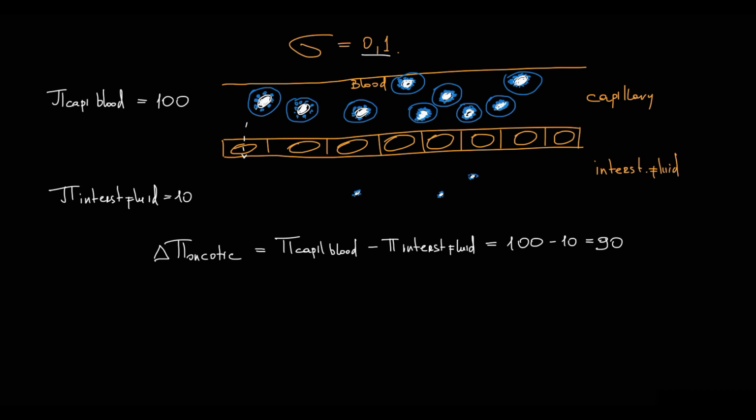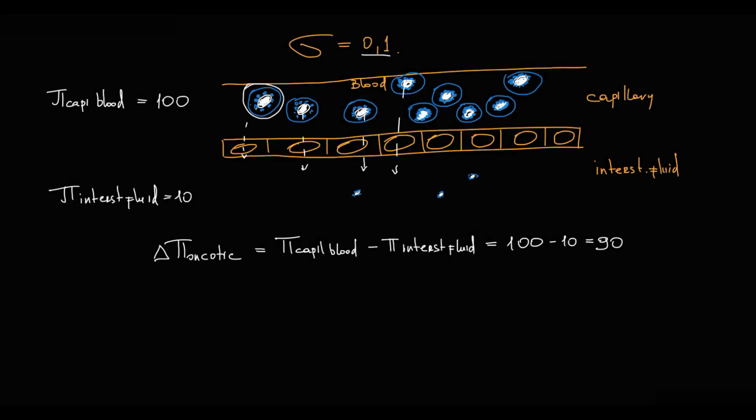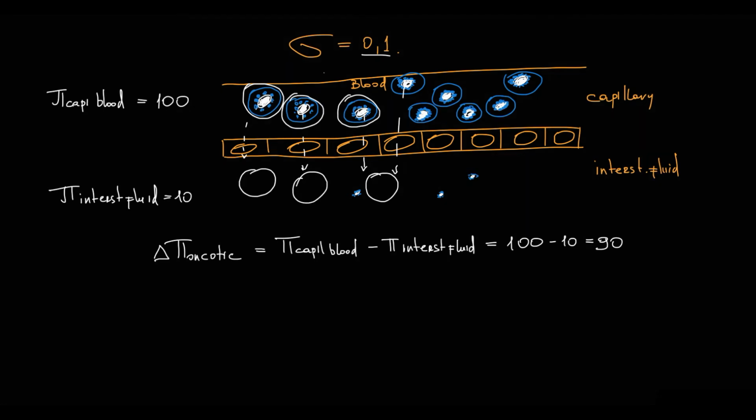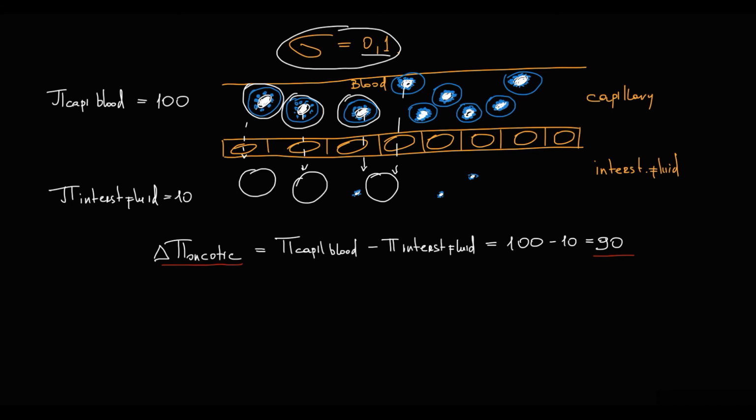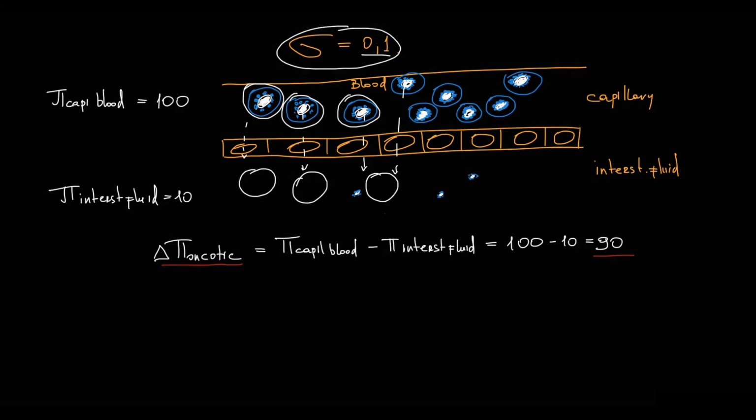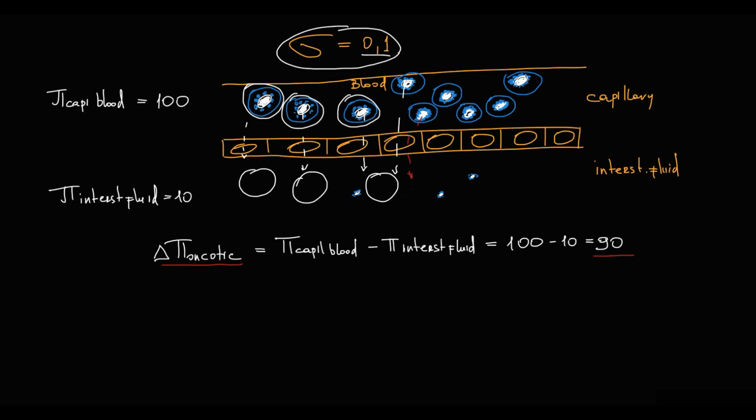Proteins can easily cross this membrane, literally with water on them, and exactly this feature is included into the equation as a low protein reflection coefficient. And in this case, the oncotic pressure difference, which is 90, multiplied by the protein reflection coefficient 0.1 gives 9. So because this membrane is highly permeable for proteins, the efficiency of the oncotic pressure difference dramatically decreases, and this results in an increase in filtration rate.